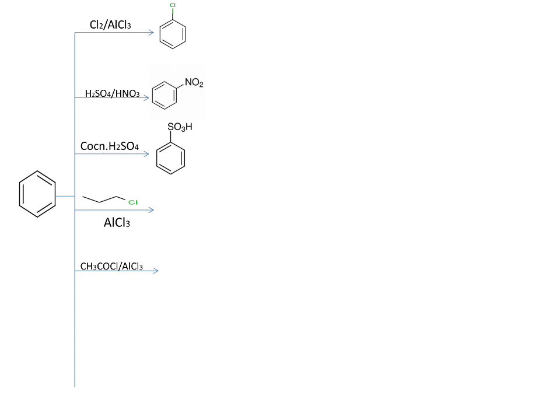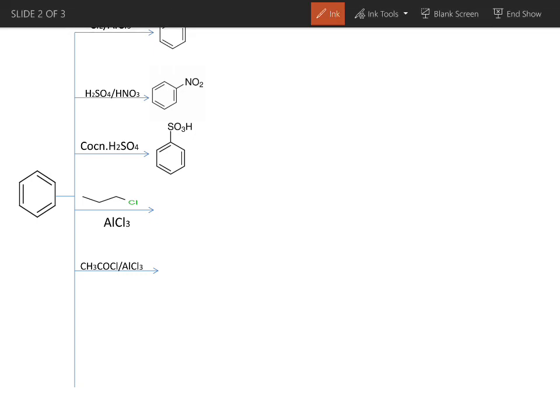Fourth reaction, when benzene reacts with propyl chloride in presence of AlCl3. Again AlCl3 here is acting as Lewis acid. It abstracts a pair of electrons from chlorine and forms a carbocation.